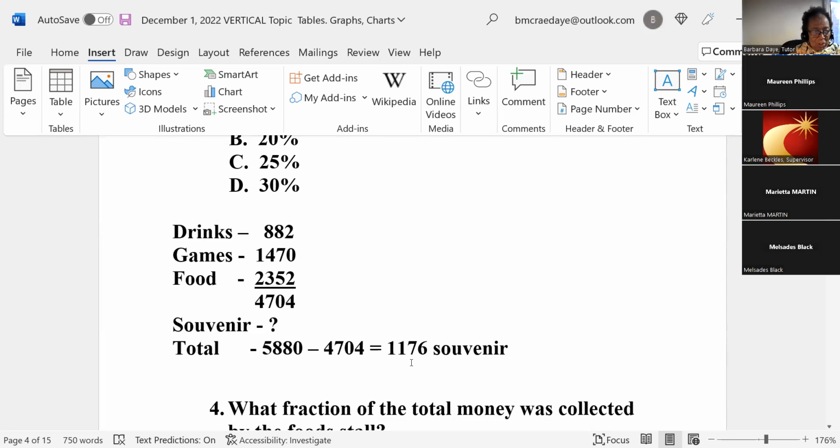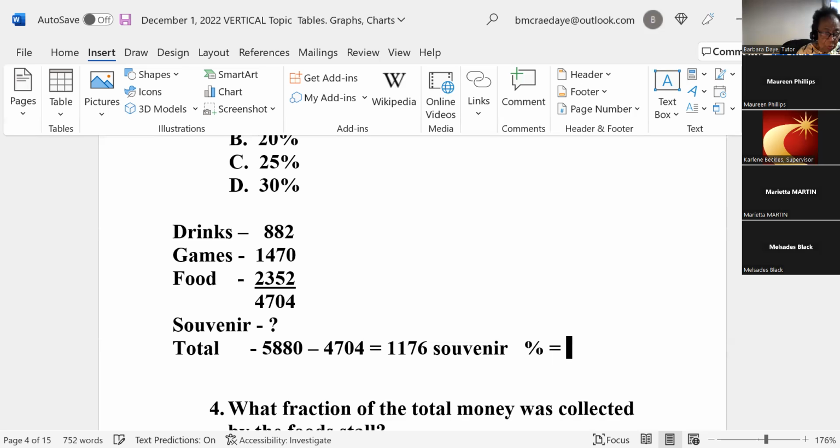You know of that total, 1,176 is souvenirs. So how would you find the percent? By dividing by 100. Dividing what by 100? 1176. No, you're going to divide that by the total.